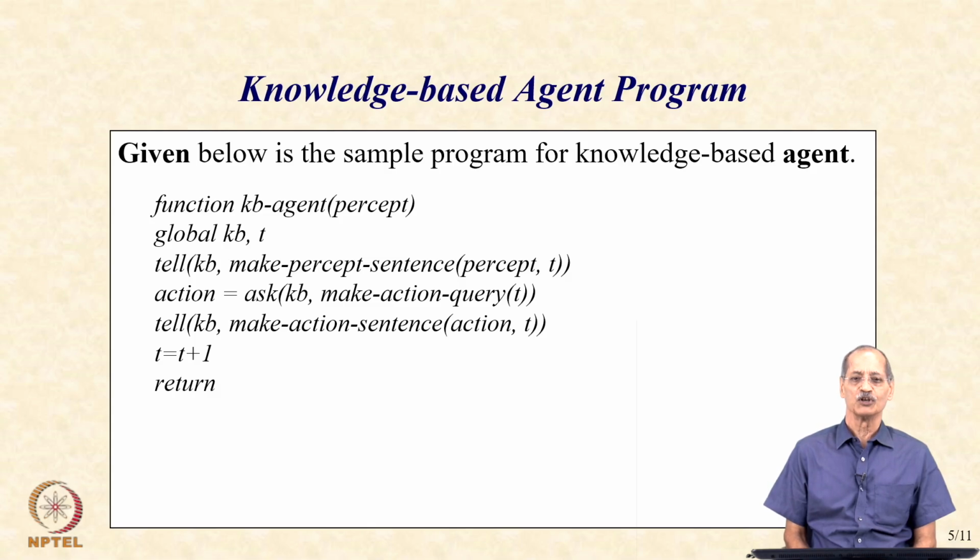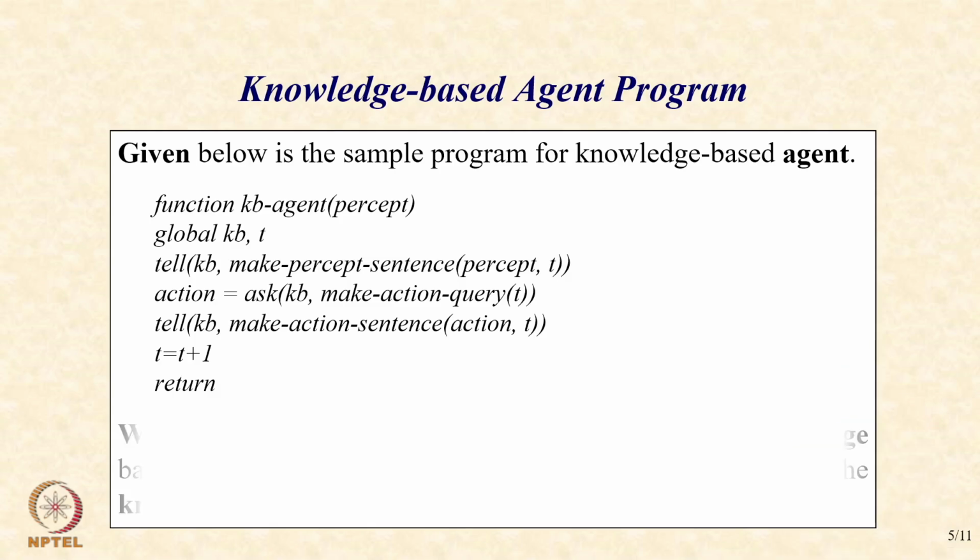you keep going through this in a continuous loop. You get a percept, from the percept you create a sentence, tell that to the database, and then you generate a query, what action should be taken for this percept sentence. The database, based on whatever information it has, will generate that action. So, you make another action sentence and tell it back to the database.